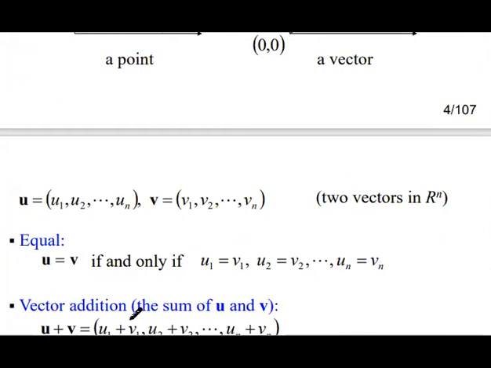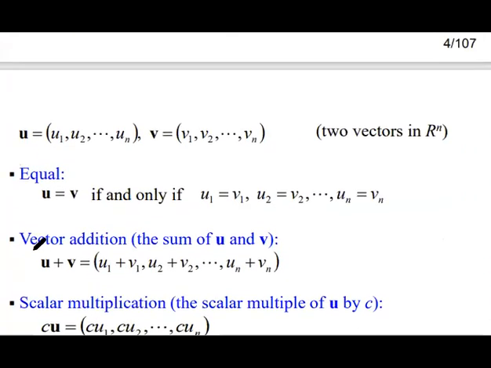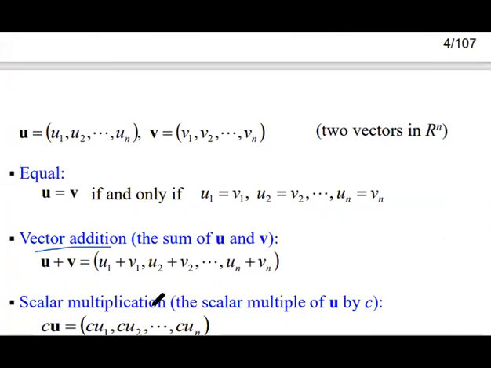Here, vector addition. How do you add two vectors? It is familiar to you, because you have passed A levels. This is your x axis, y axis, and this is your vector u.